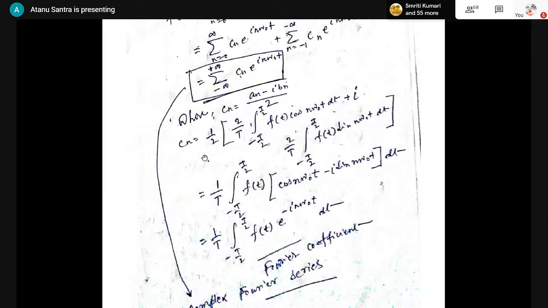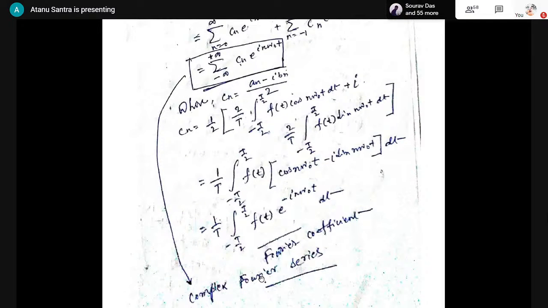So here, unlike your previous Fourier series expansion where an and bn were the real coefficients, now Cn is the Fourier coefficient, but the Cn is the complex one, because this complex term is here.